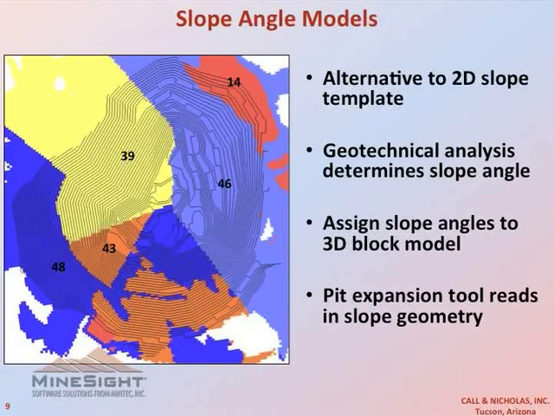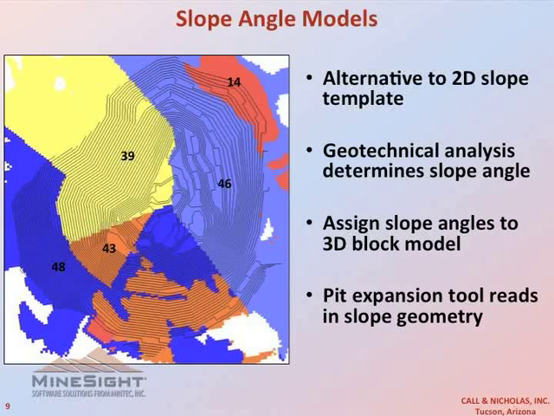Once you have the geotechnical rock type model, you can then go in after the analysis is done and break down the deposit into what slope angles are going to be used in different sectors.